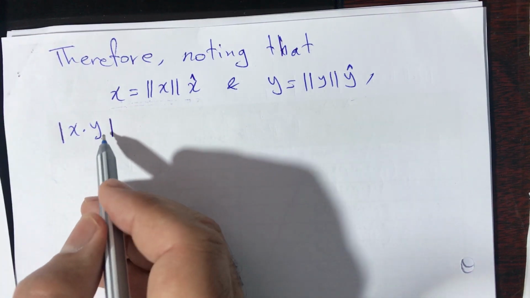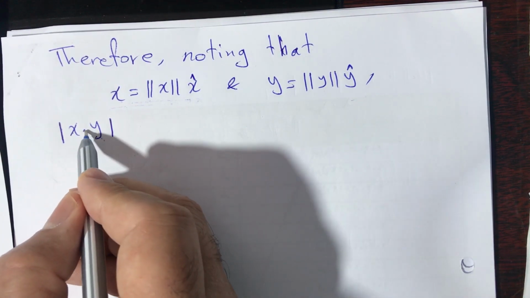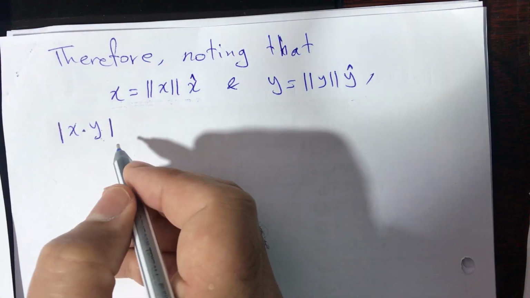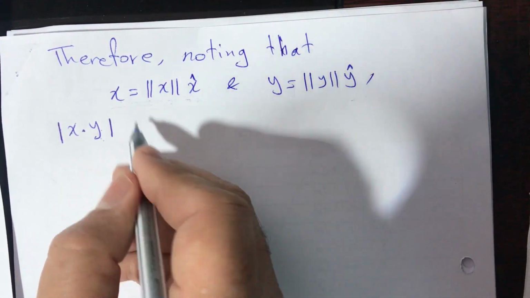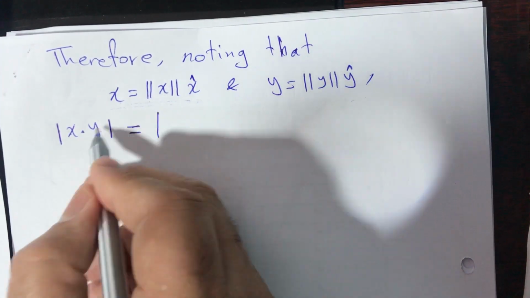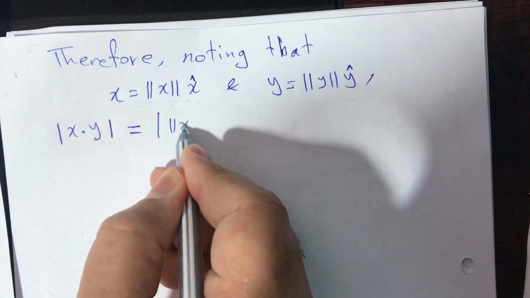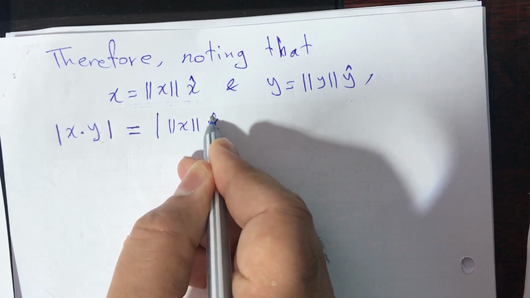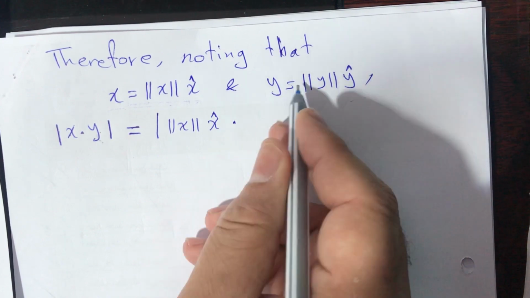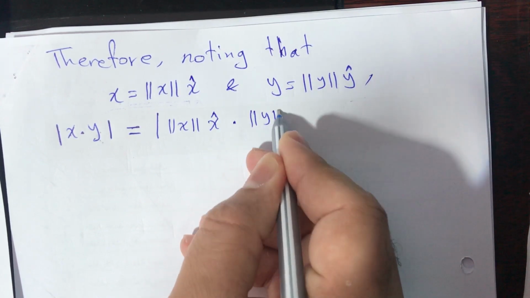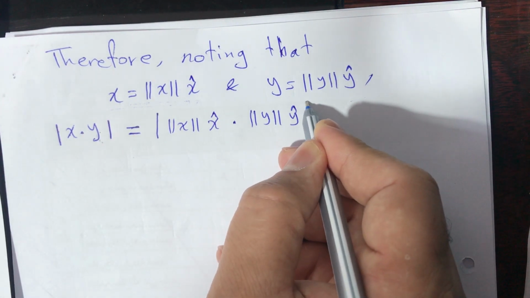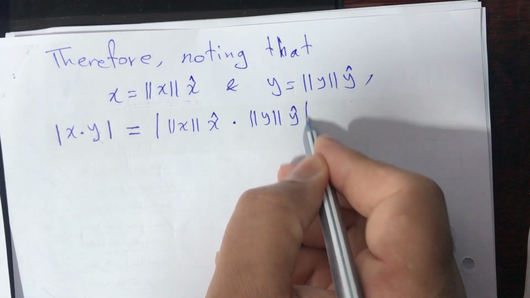Now we take the absolute value of x dot y, which will be equal to the absolute value of norm x times x hat dot norm y times y hat.